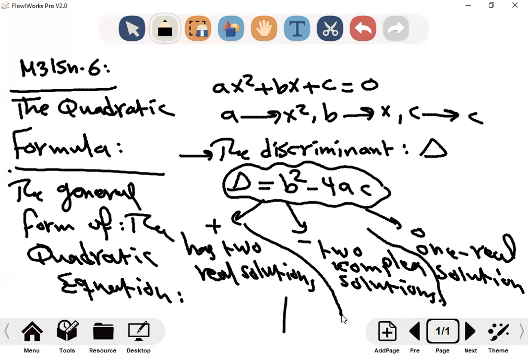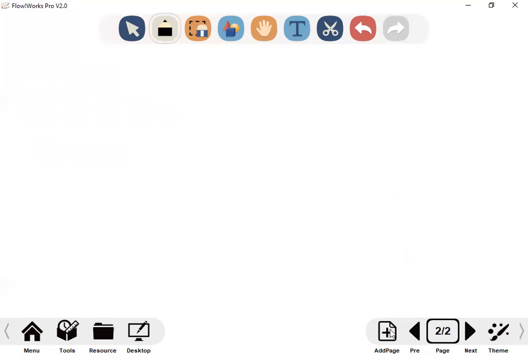Now, after we find delta, why do we use delta? To know what we will have, right? After we find delta, we will use the quadratic formula. What's the quadratic formula?